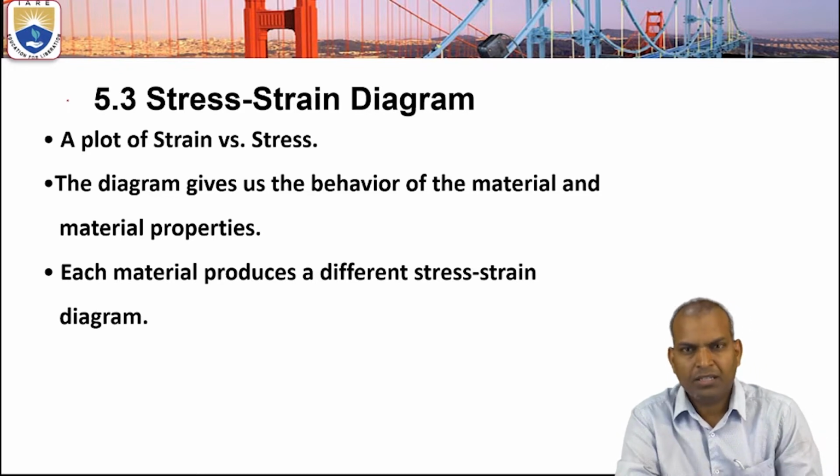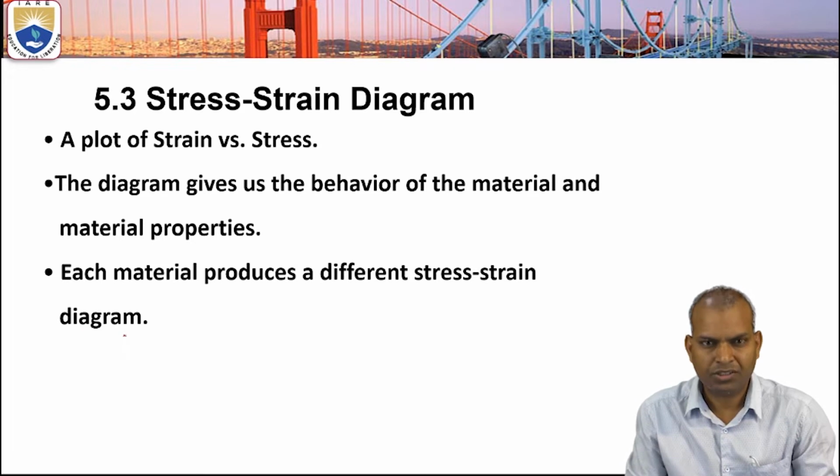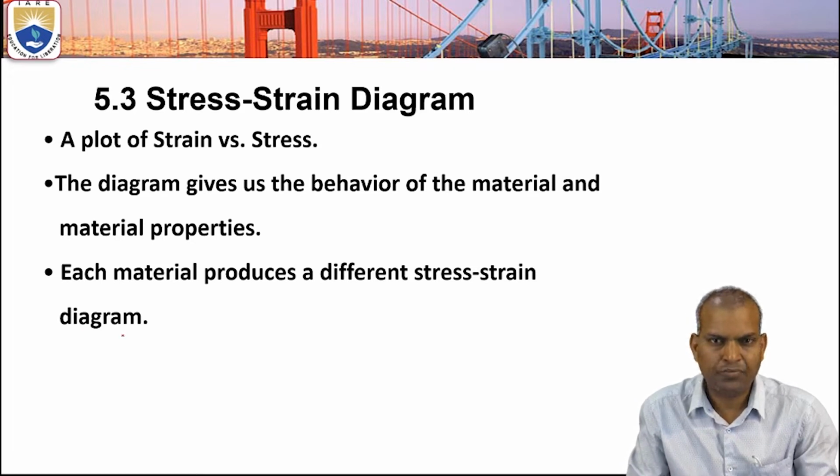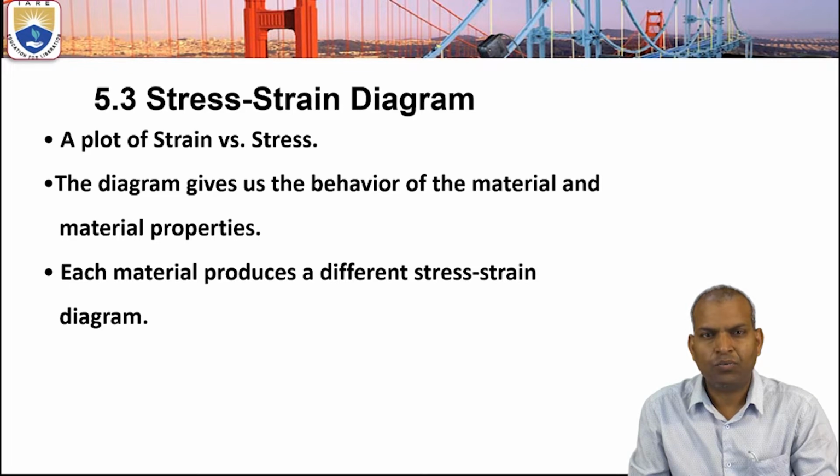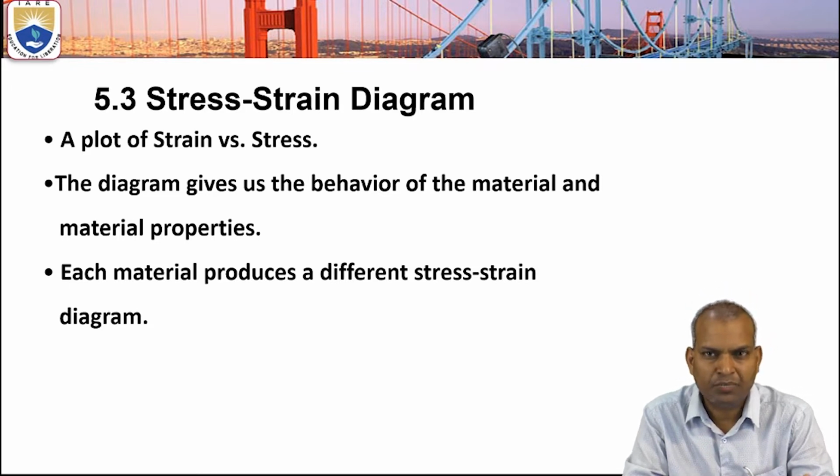Each material produces a different stress-strain diagram. If we test steel, the stress-strain diagram is different from that of copper. Each material has its own behavior, and that behavior can be studied using the stress-strain diagram.